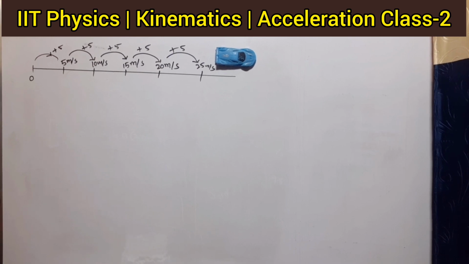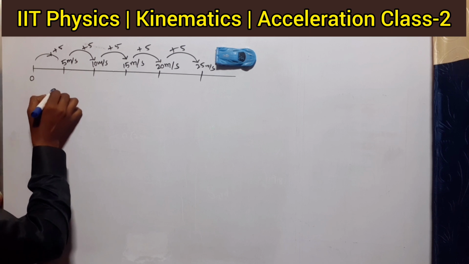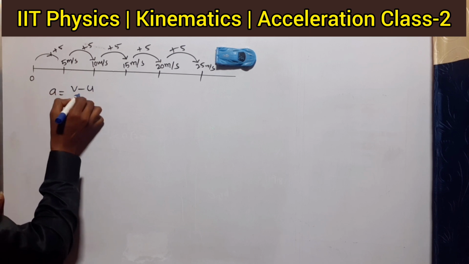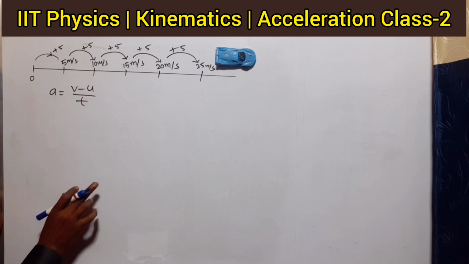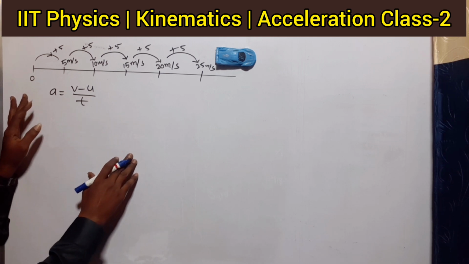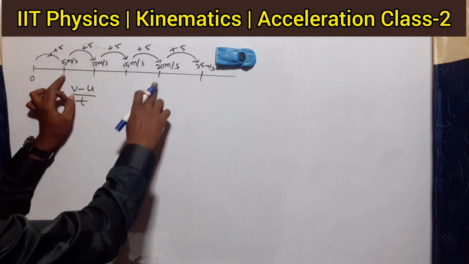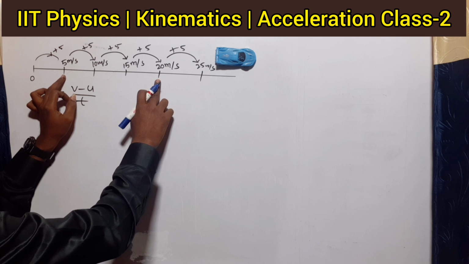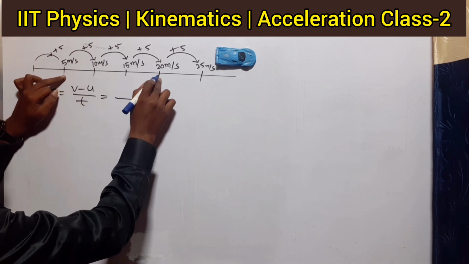Let us do some problems based on the acceleration concept. Our formula is acceleration a is equal to (v minus u) by t. You can take any two intervals. Say initial velocity 5 and final velocity 20.